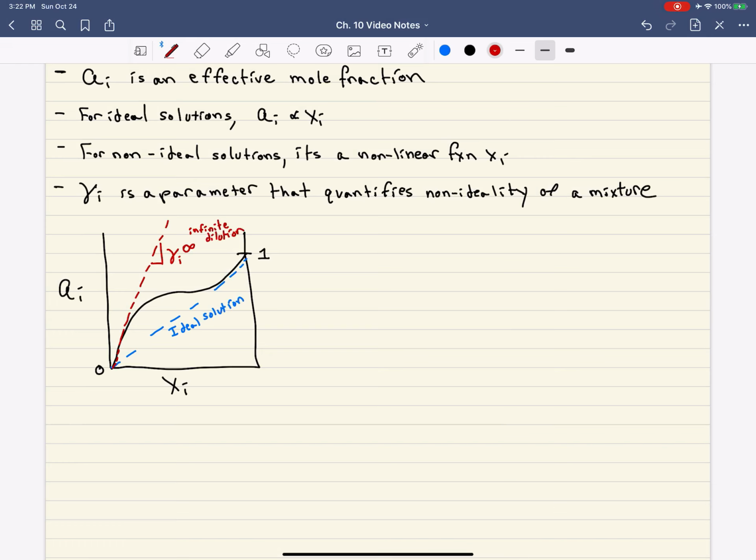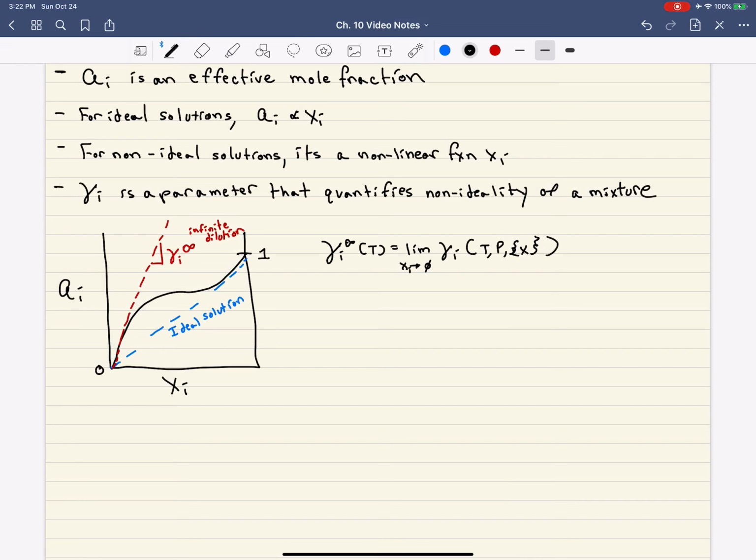And so the way to think of it is like this. The infinite dilution value at some temperature is equal to the limit of gamma sub i of some temperature, pressure, and collection of mole fractions, as x_i goes to 0.